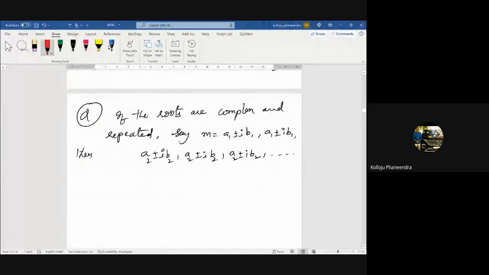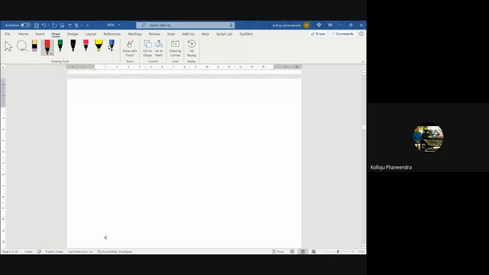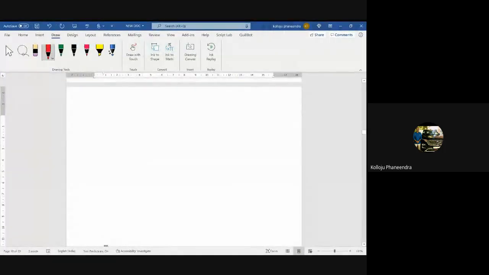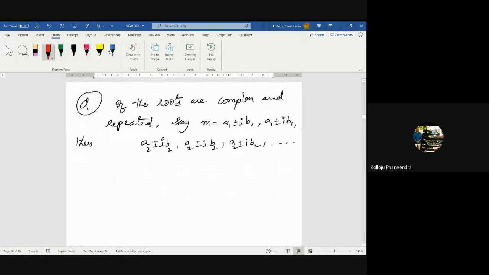Yeah, if the complex roots are repeated, then the solution is y of x equal to, same logic.